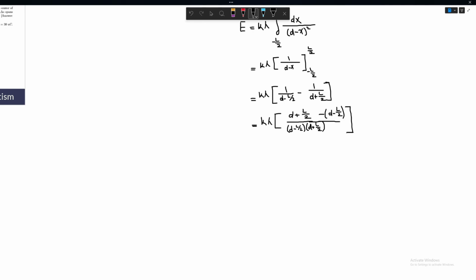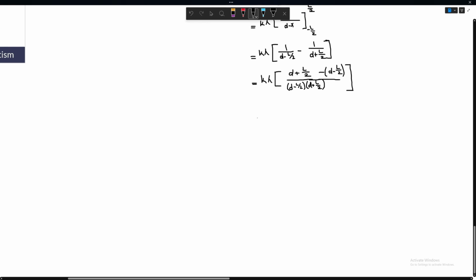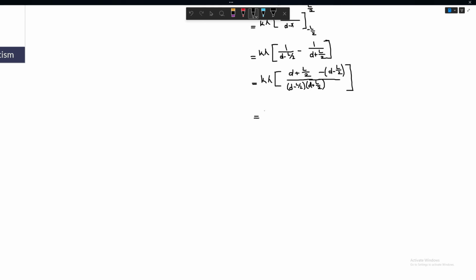All right. Now, just expanding out everything. So we have lambda times d plus L over 2 minus d plus L over 2, all over the denominator.